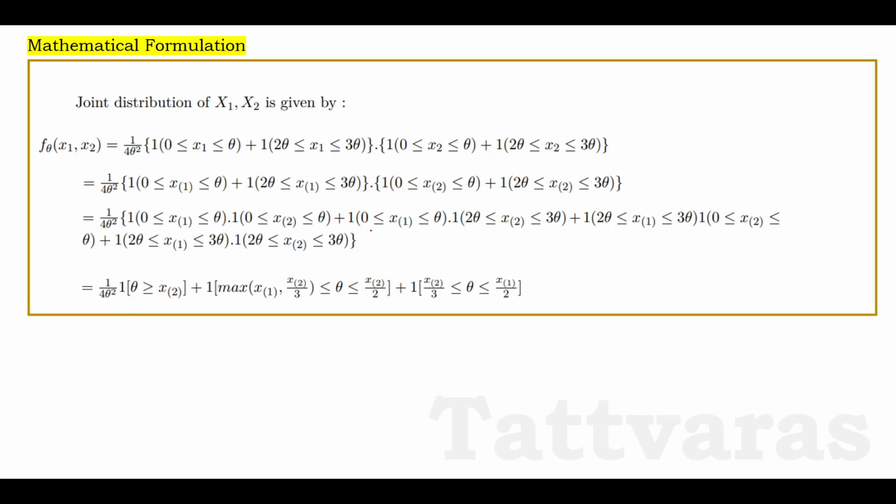Now in the second one we have that x order 1 lies in this region and x order 2 lies in this region. So theta is greater than or equal to x order 1 and theta is greater than or equal to x order 2 by 3. So basically theta is greater than or equal to the maximum of x order 1 and x order 2 by 3. And also we have that theta is less than or equal to x order 2 by 2.